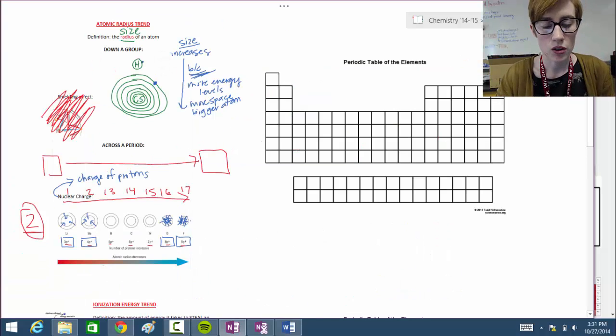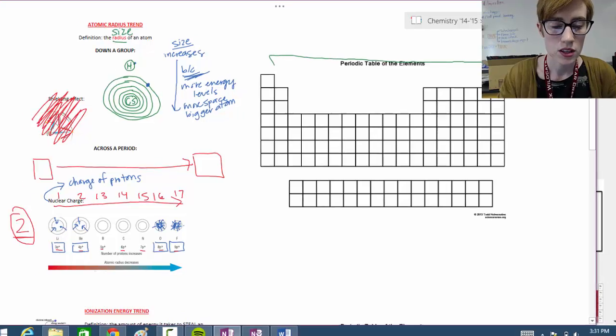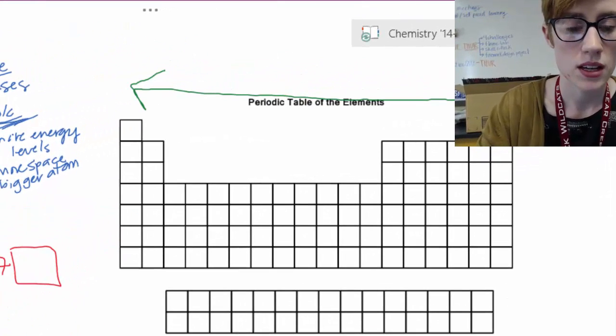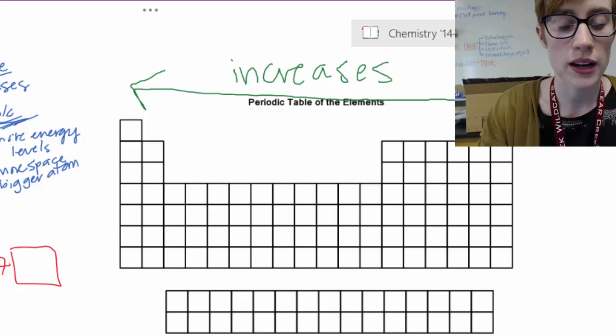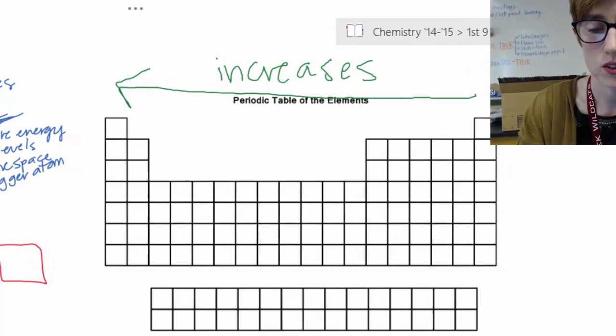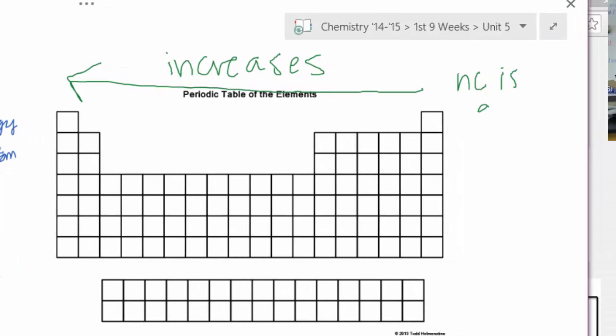So we now know that the atomic radius decreases from left to right because the nuclear charge is greater over here. Nuclear charge is greater, right? So it pulls them in smaller. And here, nuclear charge is weaker, so they're bigger atoms.